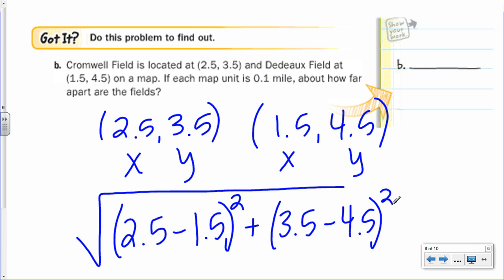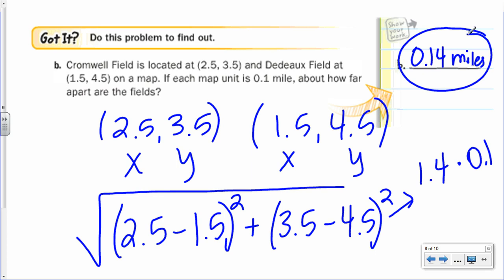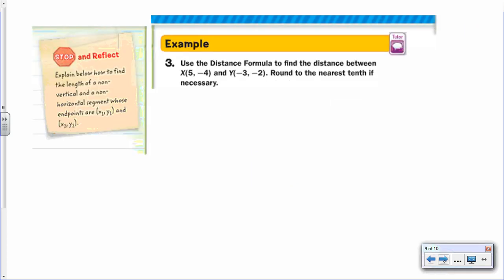Then I'm going to type that onto my calculator, and that gives me 1.4 units. All right, so then I have to go a step further and say that each unit is 1/10 of a mile. So I'm going to take my 1.4 units times 0.1 miles, and I get 0.14 miles apart.